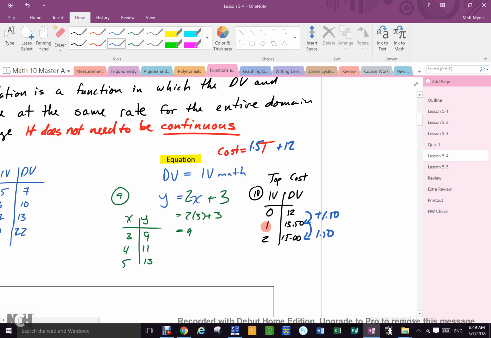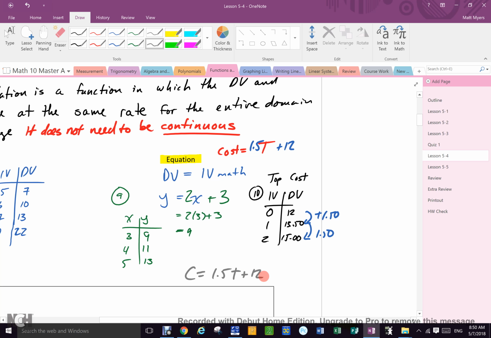When I have 1 topping, what goes in for T? 1. What's 1.5 times 1? 1.5. What's 1.5 plus 12? 13.50. Do I have the right equation? What is it? Cost equals 1.5 times T plus 12.